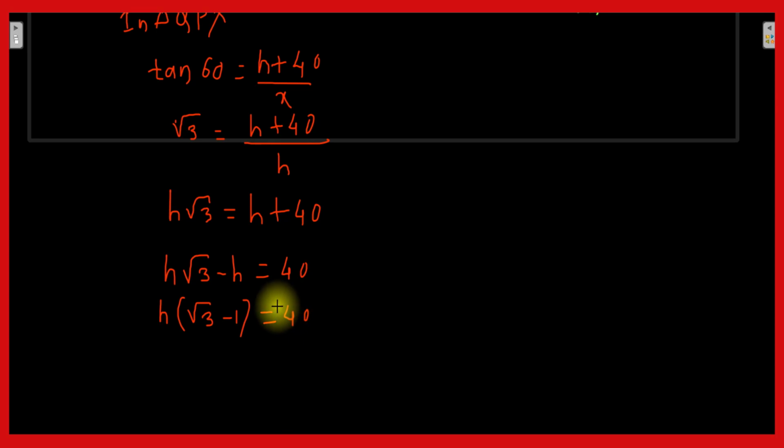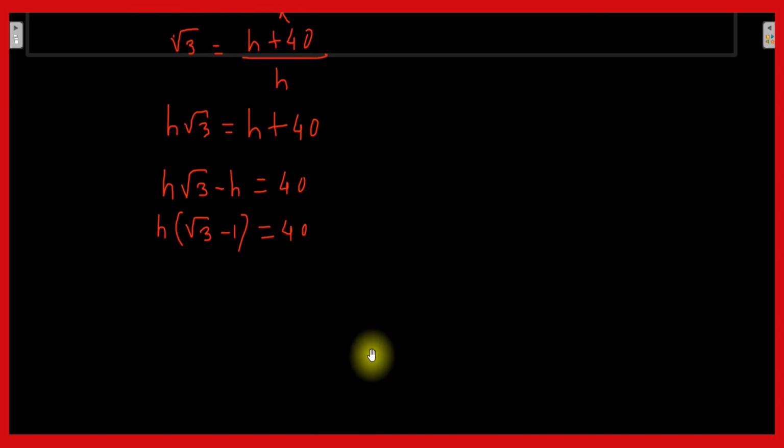Root 3 minus 1, that is equal to 40. Now here put the value of root 3 as 1.73, so it will be 1.73 minus 1, that is equal to 40. So 1.73 minus 1, that will be 0.73.